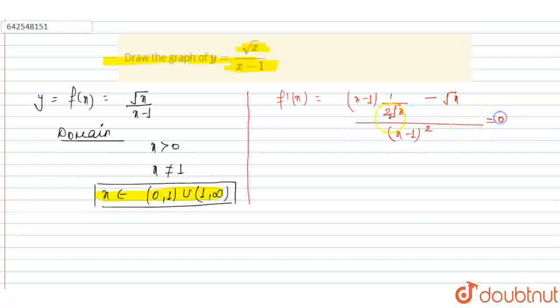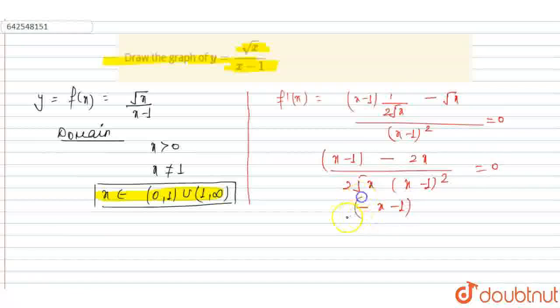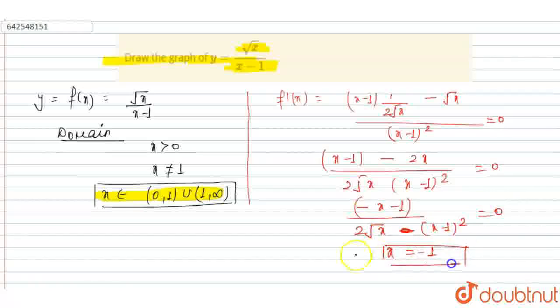When we put this value equal to 0, then we can write (x minus 1 minus 2x) upon 2 root x into (x minus 1) whole square is equal to 0, and this value is equal to minus (x plus 1) upon 2 root x into (x minus 1) whole square is equal to 0. Then we can say that x is equal to minus 1 is the point.